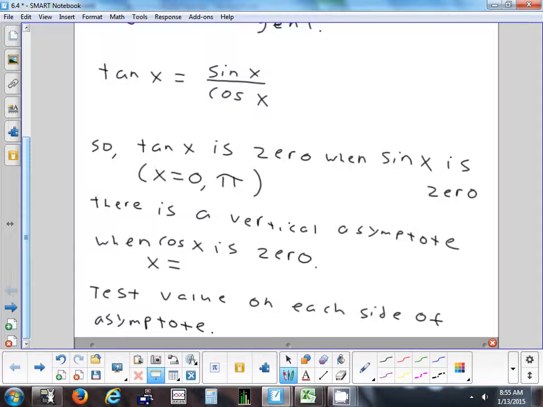Cosine actually wouldn't hit it there. It happens pretty early in cosine, because remember, cosine starts at the top, and then the first place it goes is down. Pi over 2, yeah, 90 degrees. If you plug in pi over 2 into cosine, you get 0. Try it. And if you get 0 in the bottom of a fraction, you just divide by 0. That's a vertical asymptote.